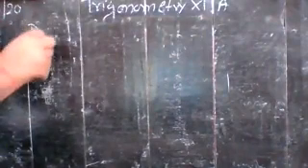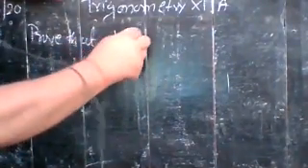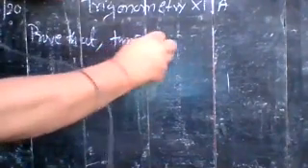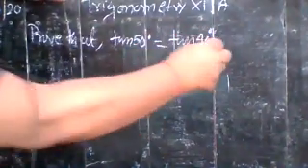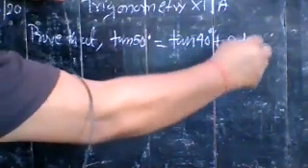Next question. Prove that tan 50 degree is equal to tan 40 degree plus 2 tan 10 degree.